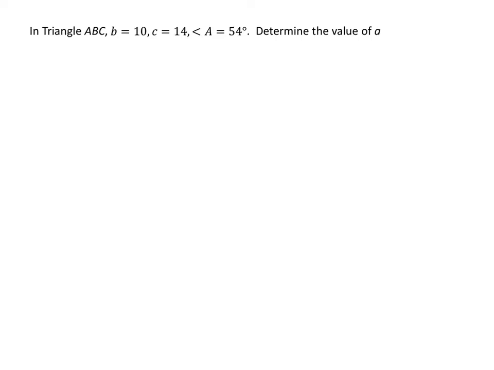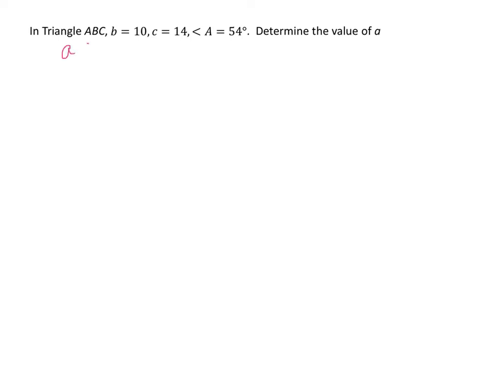So now let's try an example. We have triangle ABC, and we're given that side B is 10, side C is 14, and angle A is equal to 54 degrees. Determine the value of side A. So we will use the a squared version of the law of cosines.